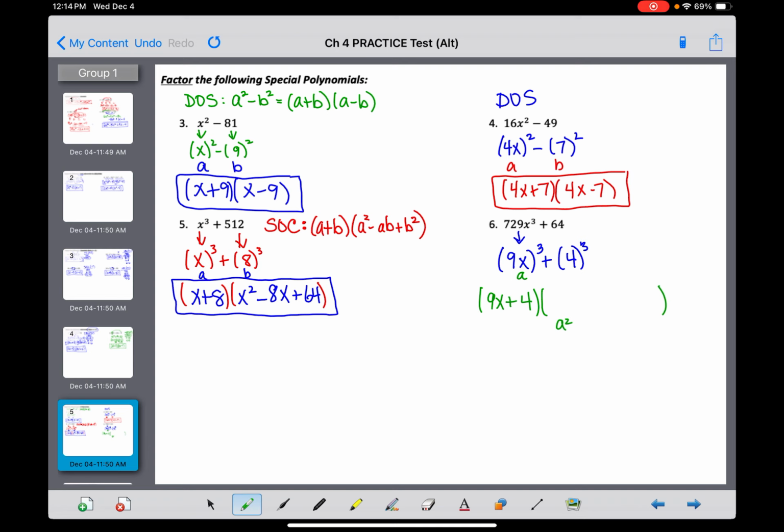That's going to be 9x times 9x, which is 81x squared. Then we have a minus, and then a times b, 9x times 4 is 36x, plus, and then our b term squared, 4 times 4 is 16. So this is the answer for number 6.